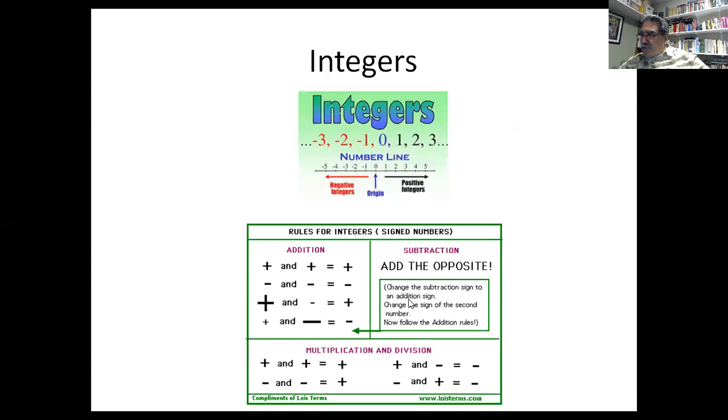Change the subtraction sign to an addition sign, change the sign of the second number, and now follow the rule. Multiplication: plus times plus is plus, minus times plus is minus, minus times minus is plus. When they are the same, the answer is always plus. When they are different, in multiplication and division, the answer is negative. All right?